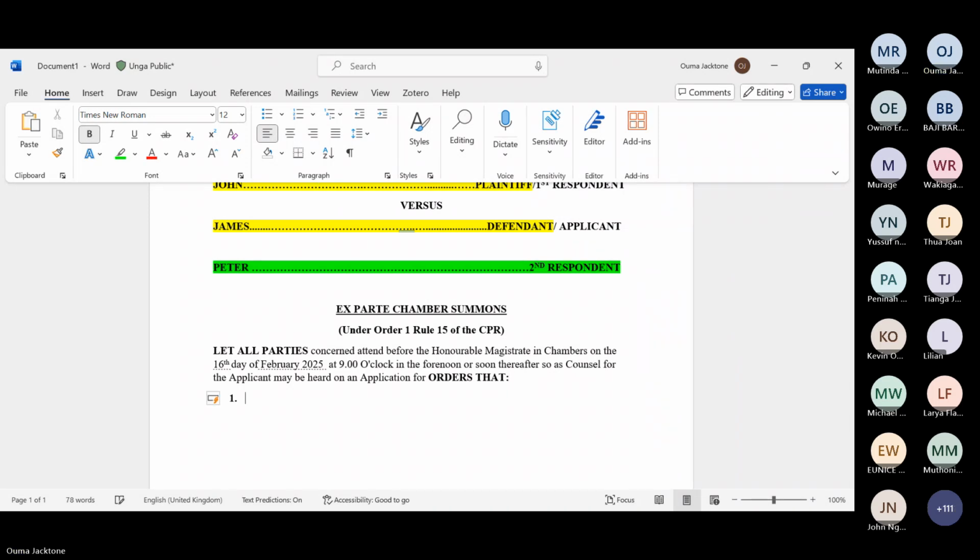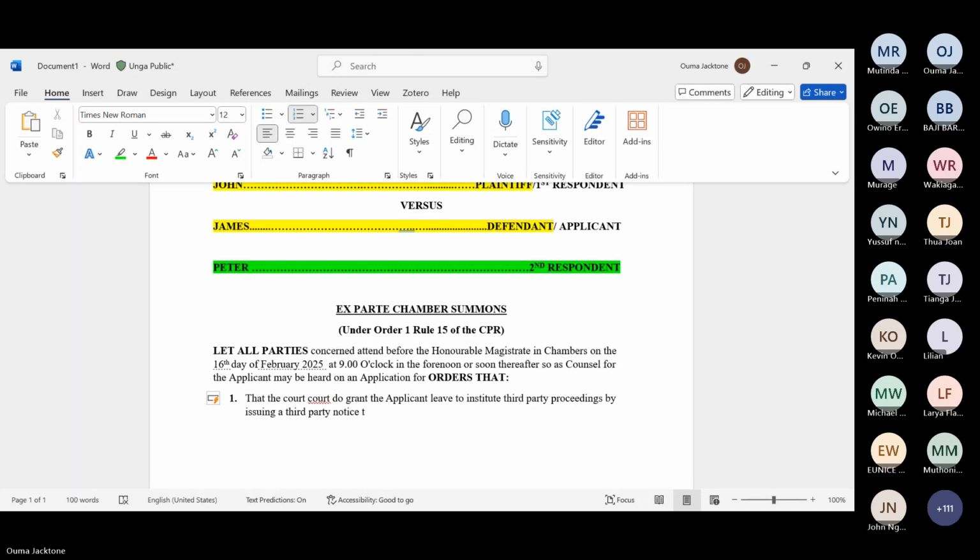So the first one: that the court do grant the applicant leave to institute third party proceedings by issuing a third party notice to, who?